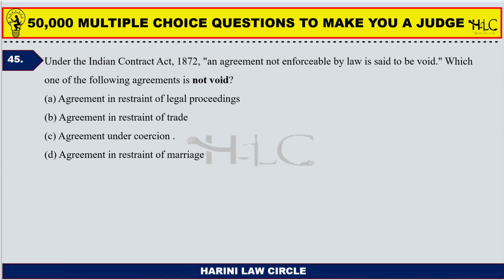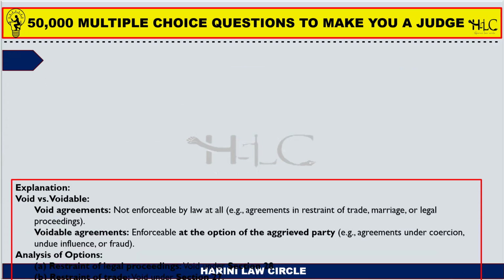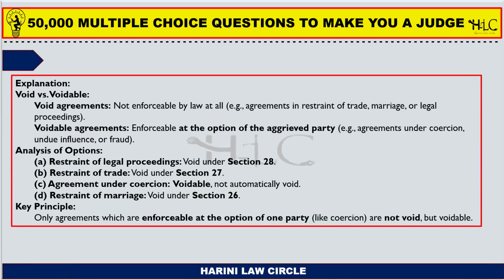Here three are void and one is not void. An agreement in restraint of legal proceedings, an agreement in restraint of trade, agreement under coercion, agreement in restraint of marriage. So your correct answer is option C, agreement under coercion. So the explanation gives you what is a void and voidable contract. Voidable is at the option of the aggrieved party. Void is not enforceable at all.